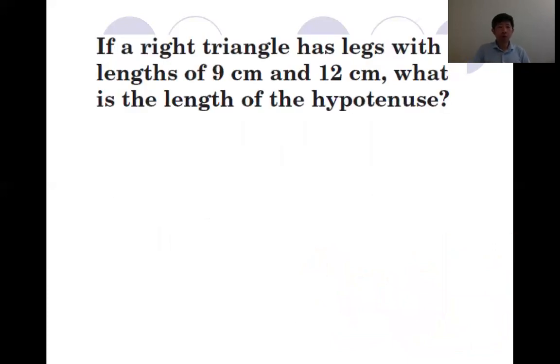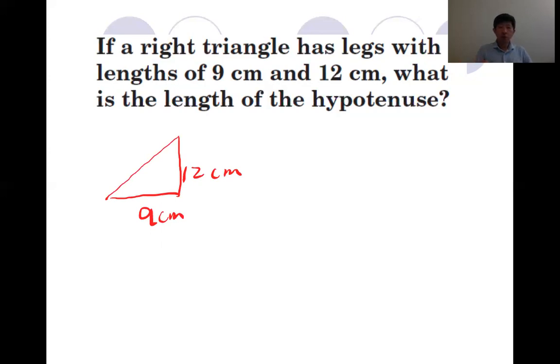If a right triangle has legs with lengths of 9 centimeters and 12 centimeters, what is the length of the hypotenuse? So we have a triangle like this. This is 9, this is 12 centimeters.